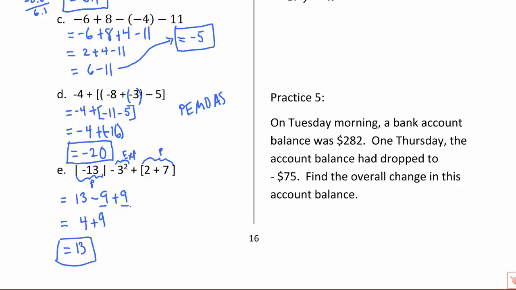Those two cancel each other because they're opposites, and the addition of opposites gives you 0, leaving me with just 13. So sometimes there are easier ways of combining things here to get you to the answer. You can always go the order in which I've shown you, however. The reason why you can always do this is because you can just always go left to right. It's not a problem. It's just that sometimes it's easier to go with different ones first.